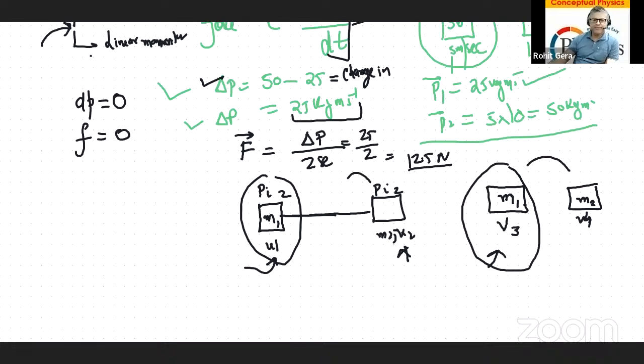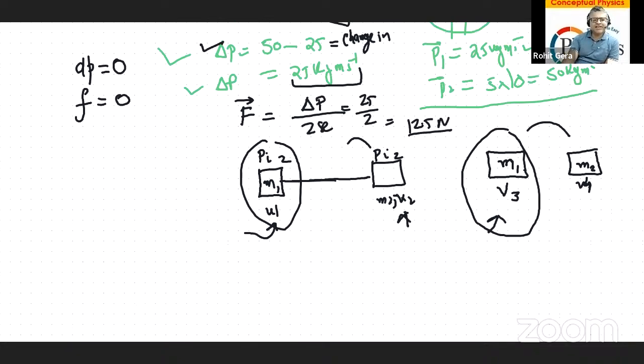But remember, whatever is the change in momentum of body 1, if you calculate it to be delta p1, and you calculate the second body's change in momentum, which is very simply m2 v4 minus m2 v2, and for the first one also the final momentum minus the initial momentum.